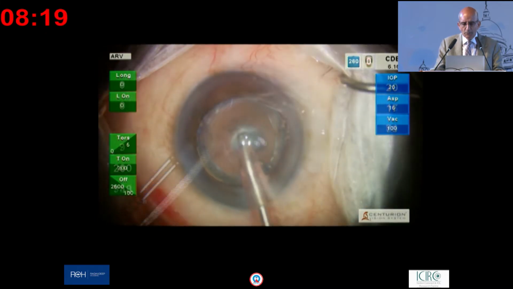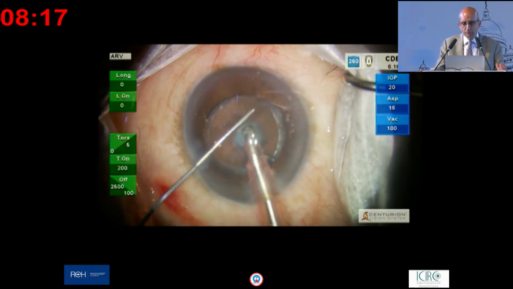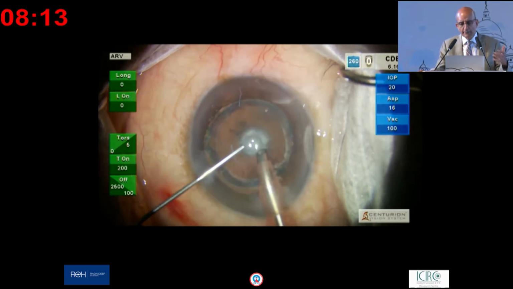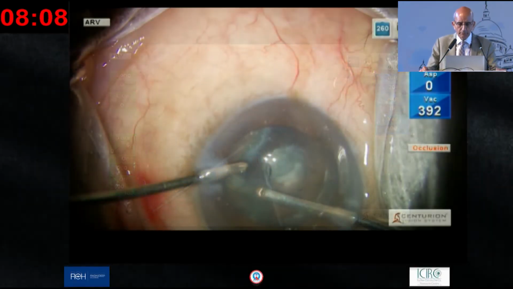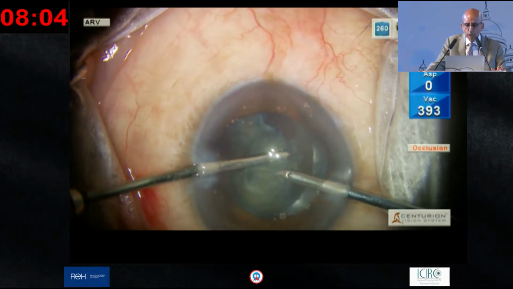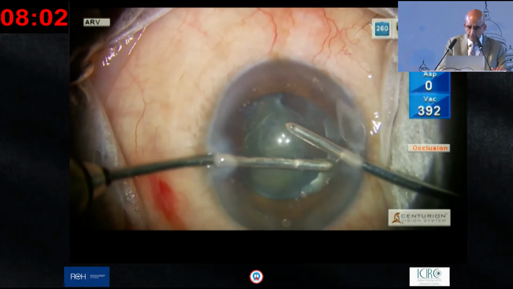So now we need to make sure that when you withdraw, you inject, and we inject Viscoat, because if there is an open capsule like this, and if the vitreous gets mixed up with the methyl cellulose, it is more inflammatory. So Viscoat is something I would recommend. And this is the thing.